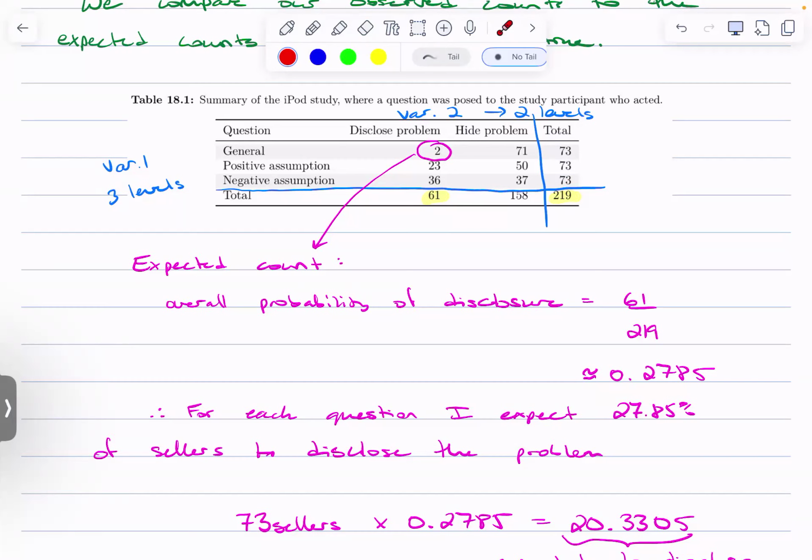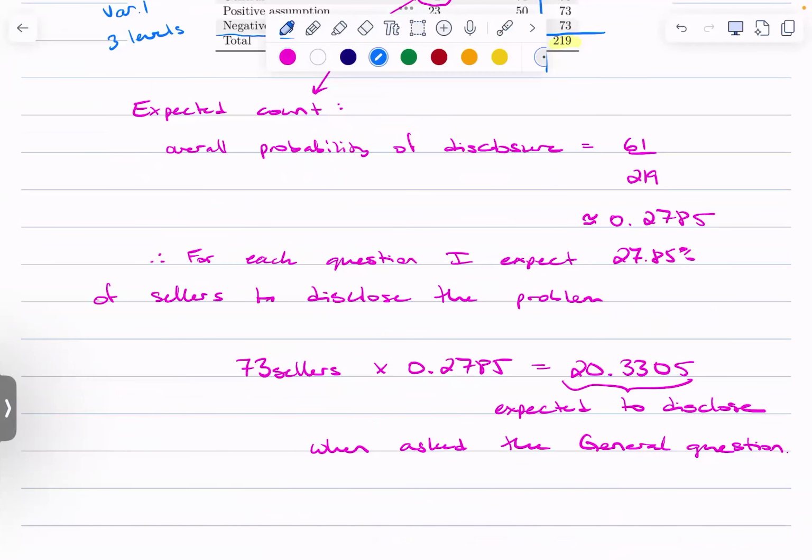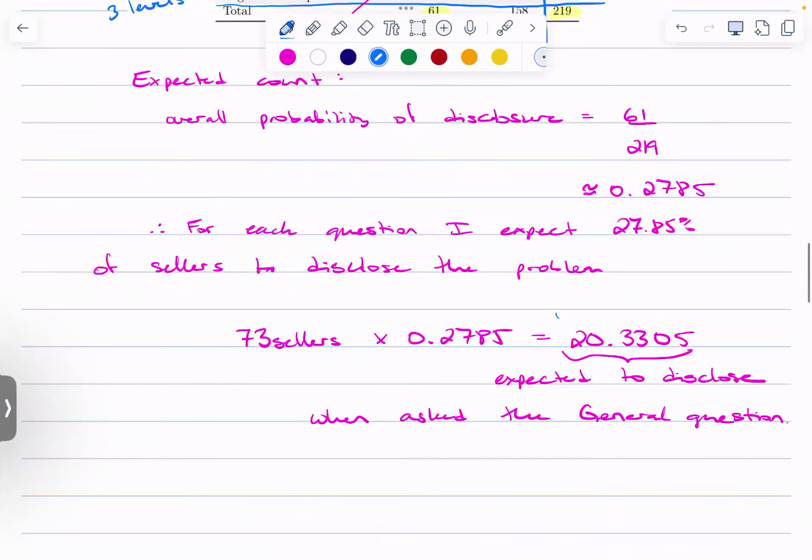This is what I would expect to see if I had 73 sellers sampled an infinite number of times. So this is my expectation overall over time, but it's also our expectation to compare to 2. And so here, I'll make a note. We do not round expected values.